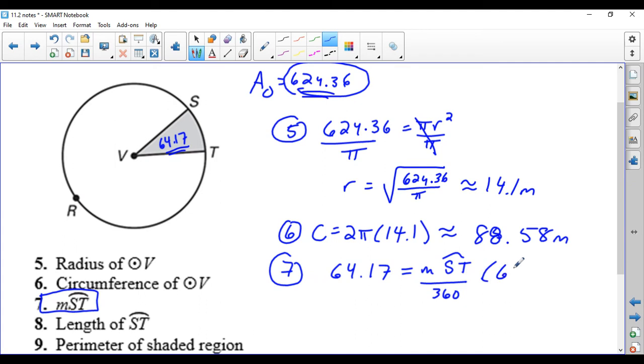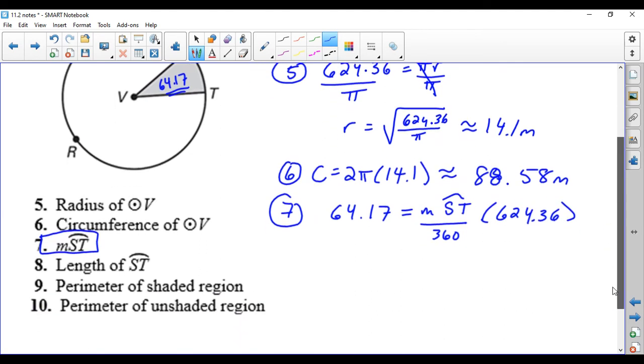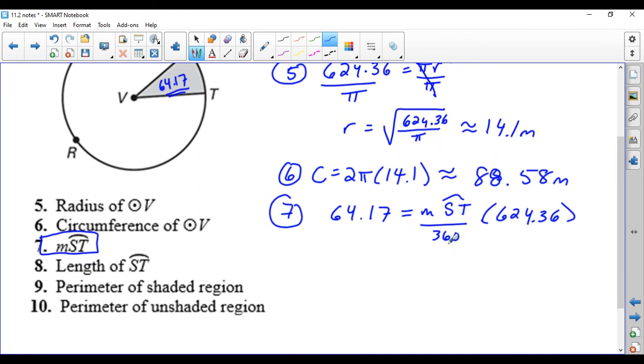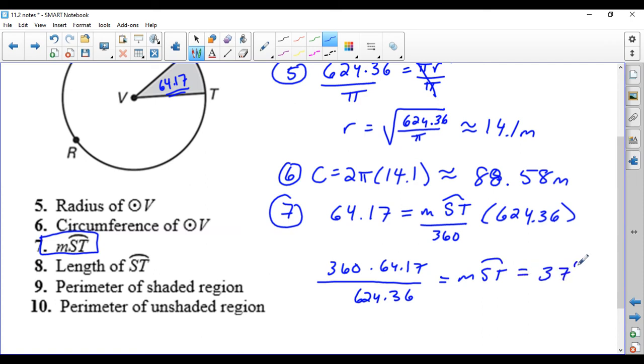So I'm going to multiply it by 624.36. And in order to solve this for the measure of the arc, I'm going to multiply by 360 to cancel it out from the division, and I'm going to divide by the 624.36. And when I put all of that into my calculator, I get that the measure of the arc is 37 degrees.